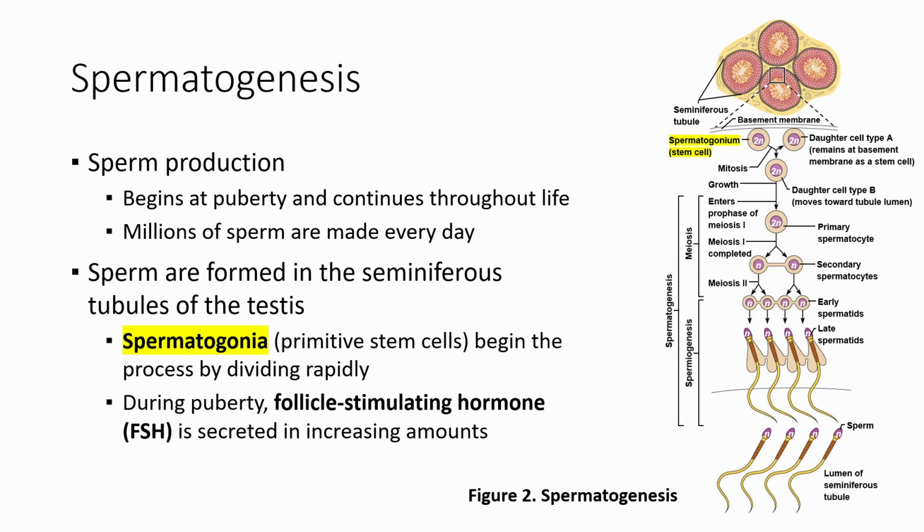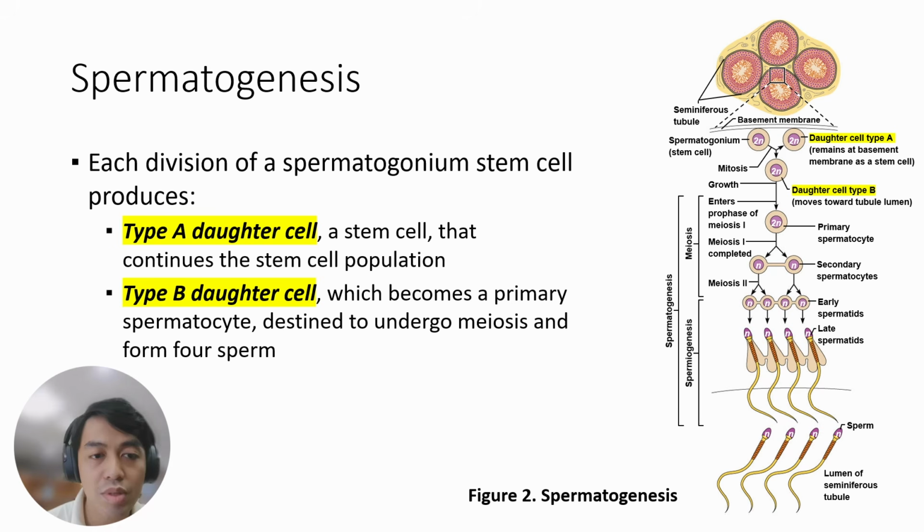This spermatogonium undergoes mitosis in order to replicate itself, para magparami, such that the daughter cell that will further proceed to mitosis is your cell type A. And the daughter cell of the spermatogonium that will proceed with spermatogenesis is your cell type B. So these are the two types of daughter cells from your spermatogonium.